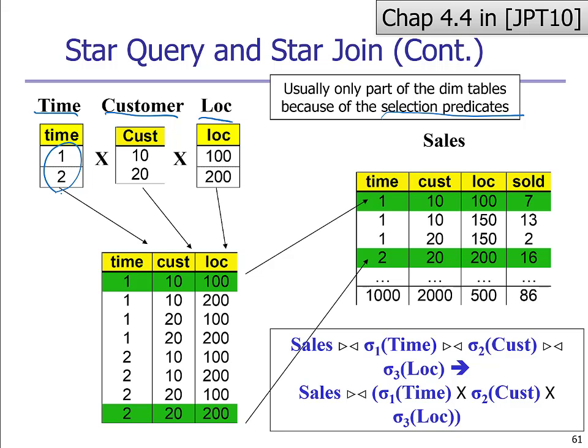So if we have, say, 2 entries for time, 2 entries for customer, and 2 entries for location, the cross join would be the Cartesian product of these 3 dimensions. So we will have in total 8 entries, 2 times 2 times 2. That's also why it's called a cross join.